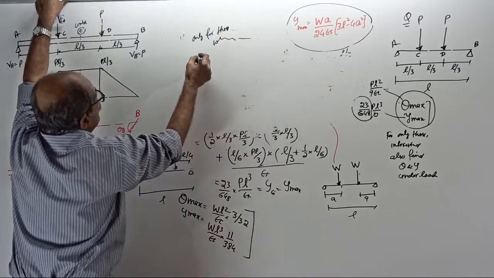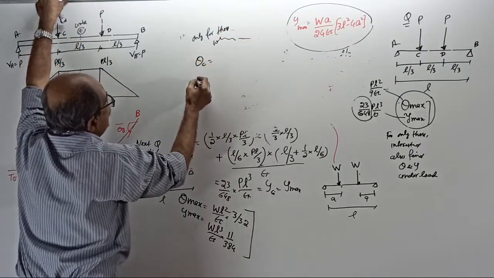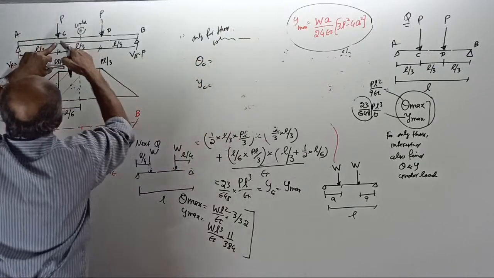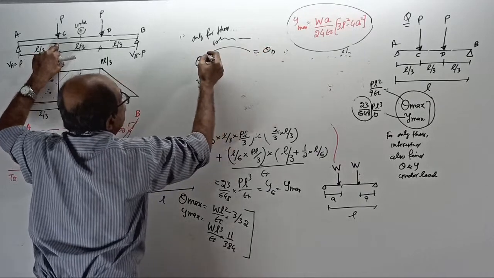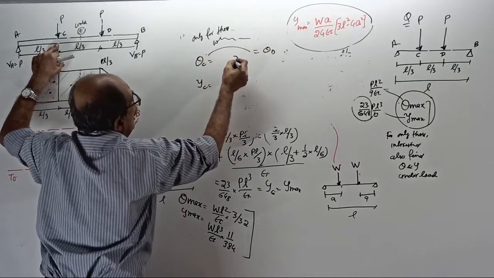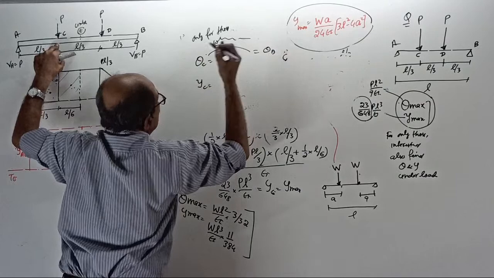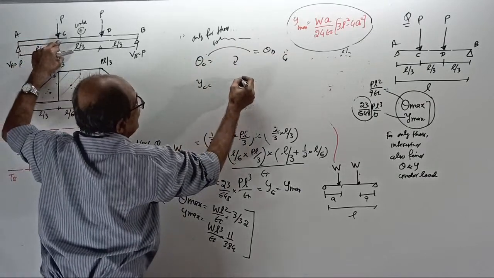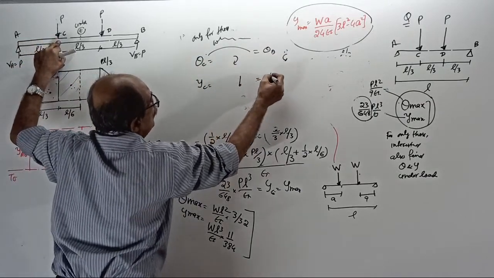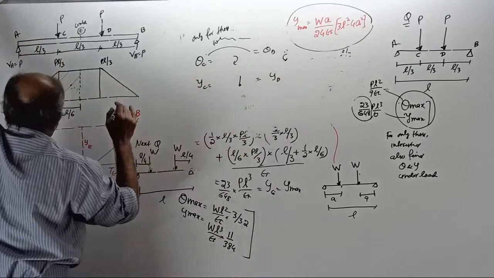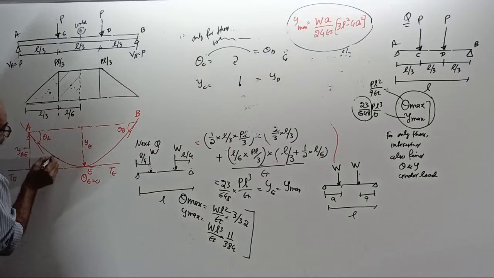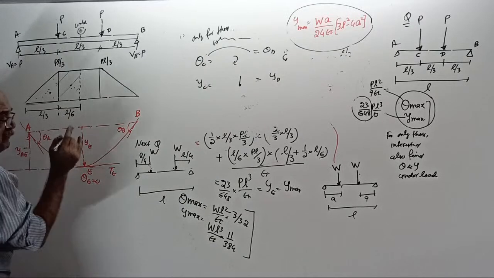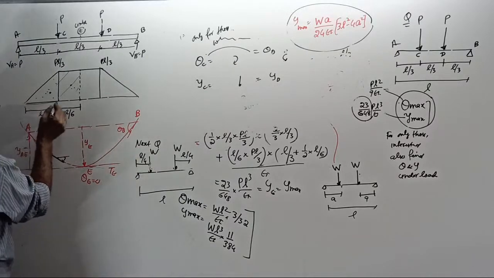Find the slope at C and the deflection at C. Remember, whatever theta C is will be equal to theta D, but if theta C is clockwise, theta D will be anti-clockwise. Whatever deflection at C down will be equal to deflection at D. Mark the point here, draw the tangent here, and apply the first theorem from here to here.